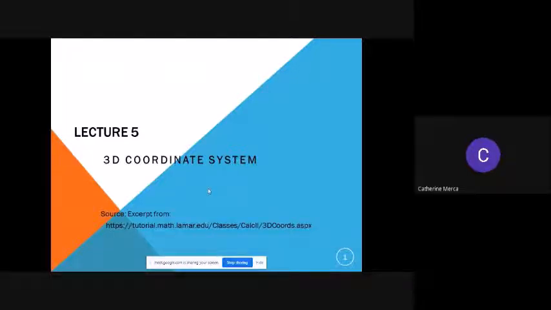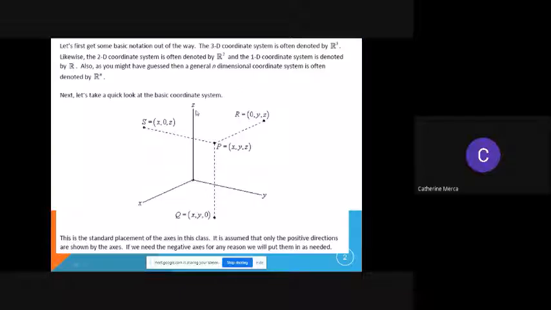So again, if you have your 3D coordinate system, of course, you have your x-axis, your y-axis, and your z-axis, and there are actually 8 octants. 3D is denoted by R raised to the third power, or R cubed.